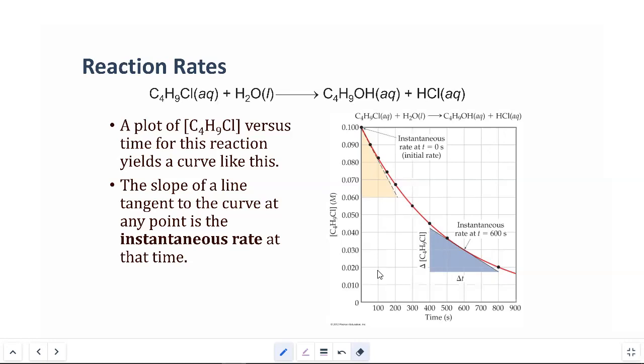So where this is going to become important for us is here. Instantaneous rates at time equal to 0 are going to give us what is called an initial rate of reaction.